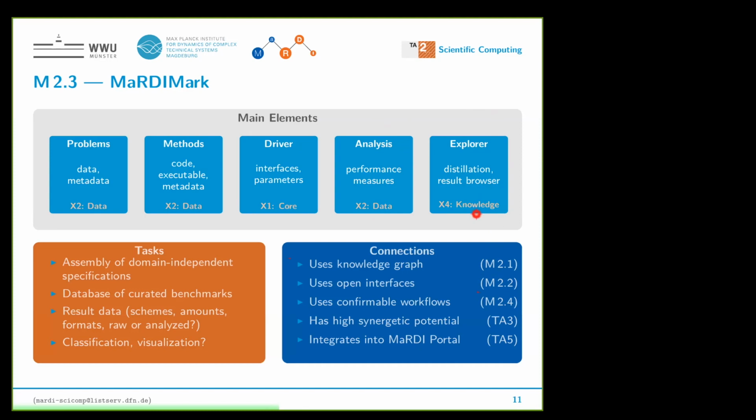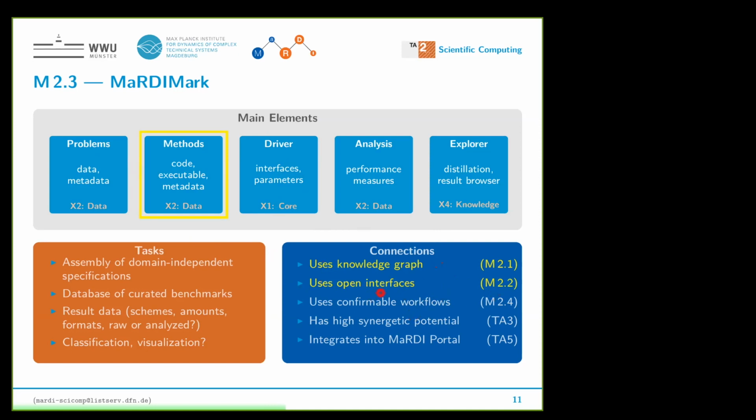And here again are the layers where this is actually contributing. I already mentioned the knowledge graph is important to combine problems and methods for the driver. The open interfaces will be super important for the connection and especially the language agnostic implementation of something like this.